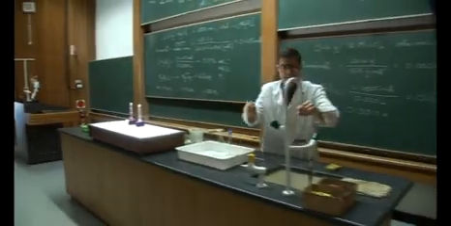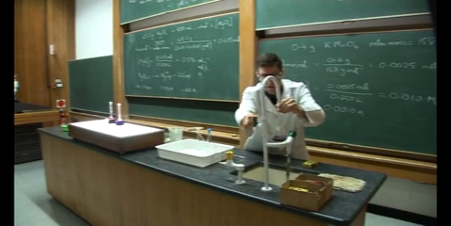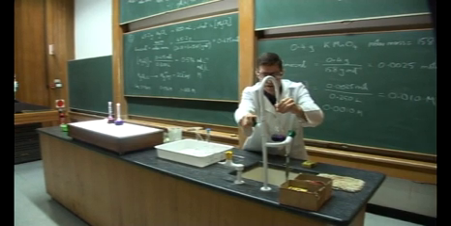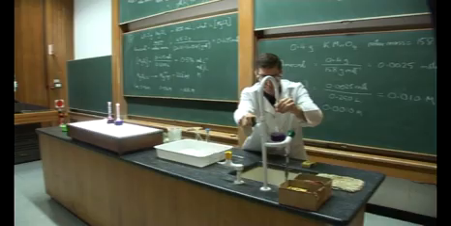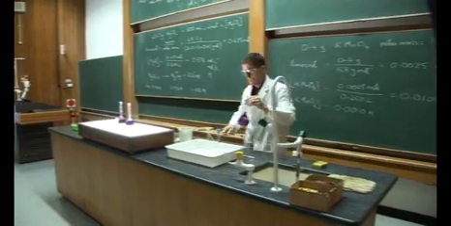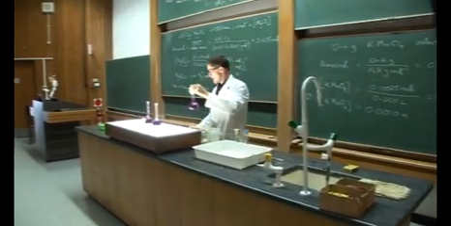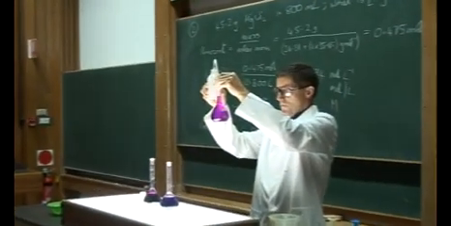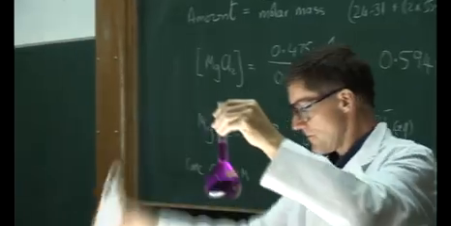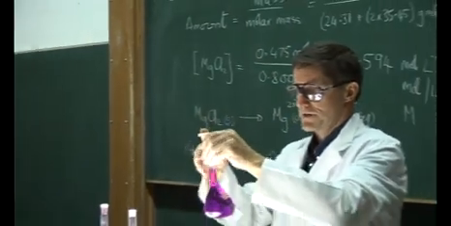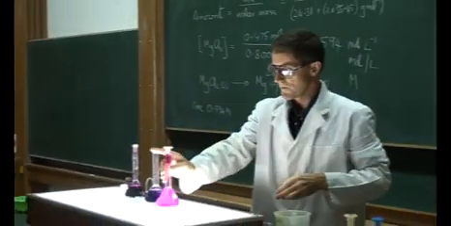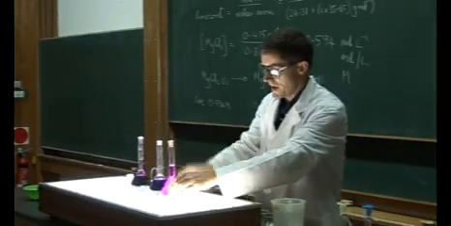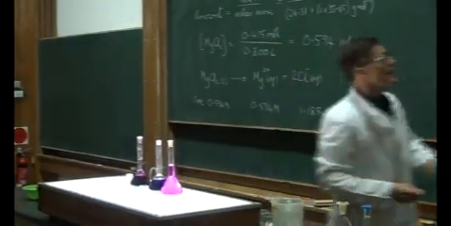Top up my flask, almost to the line. If you overshoot, then you're in real trouble, you've got to start again. Do the final topping up with the bottle at eye level there, and quick shake. What I find is I still have a very distinct colour there.